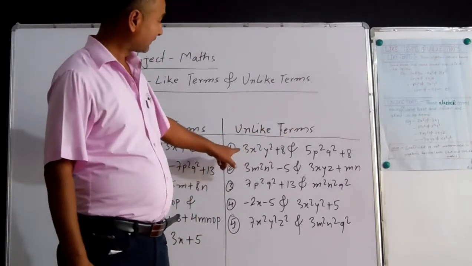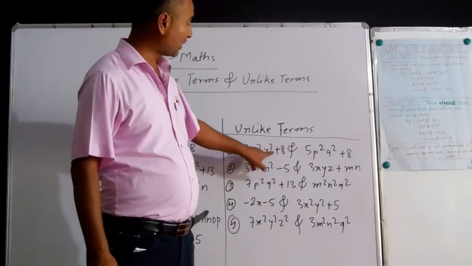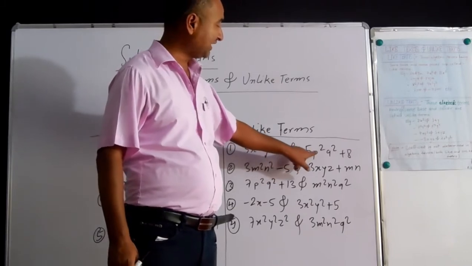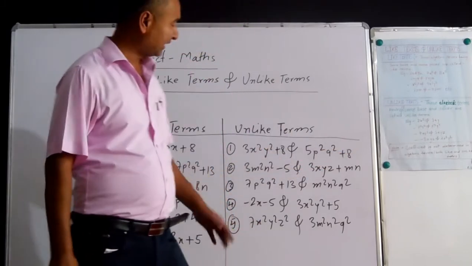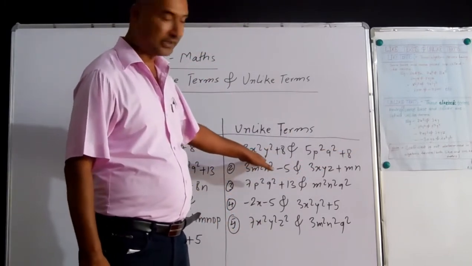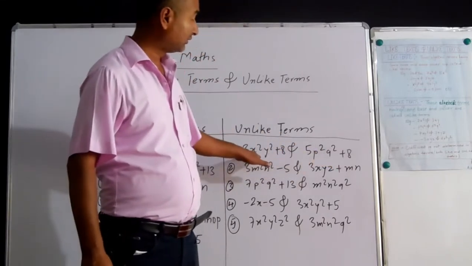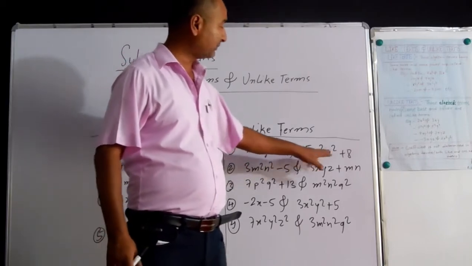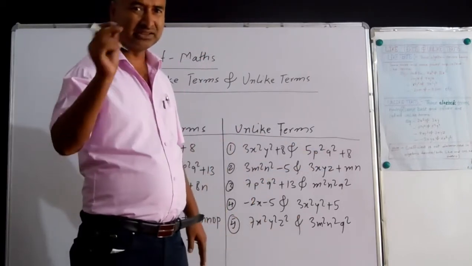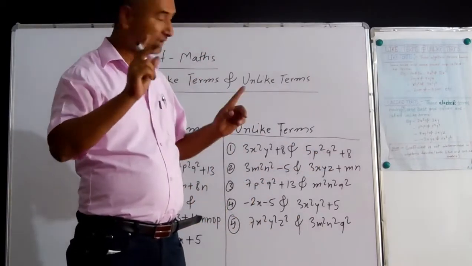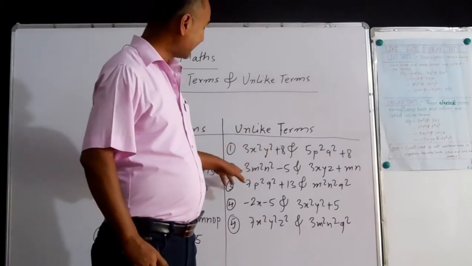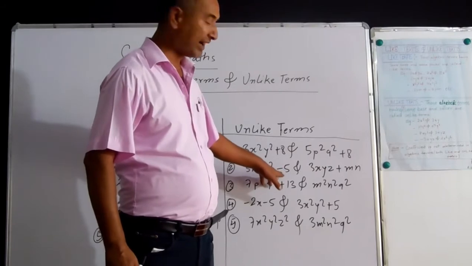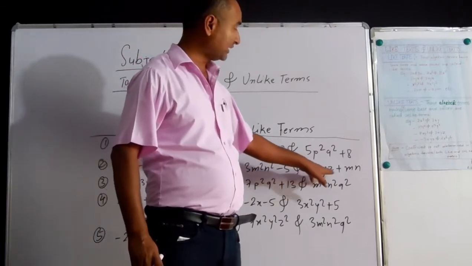Now the unlike terms. First one, 3xy square plus 8 and 5p square q square plus 8. That means there are different variables. Here it is x, y, and here it is p, q. Second one, 3m square n square minus 5 and 3xyz plus mn.